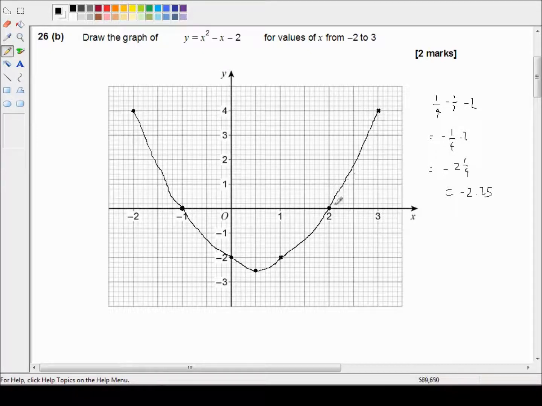But do not join the points up with a ruler and straight lines. They want to see that you know that it's not going to be straight lines. So even if your lines are a little bit wiggly, that actually means they know that you tried to draw it freehand, or that you didn't use a ruler. That you tried to freehand draw a U-shaped parabolic curve.